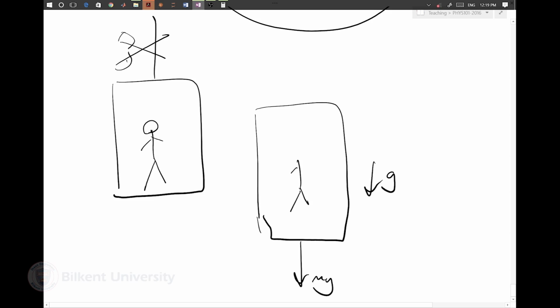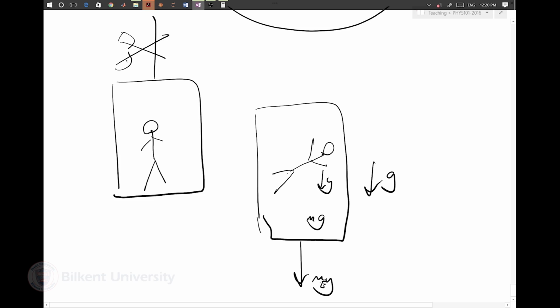And here you are. You also feel your m g, this is the mass of the elevator, this is your mass m, which means you're also accelerating with g. With respect to the elevator, you have no acceleration. So you're very happily floating, right?